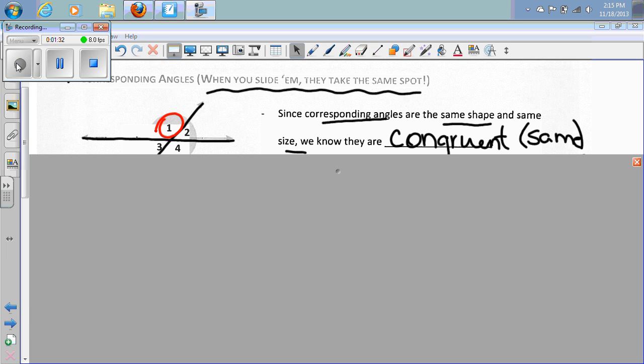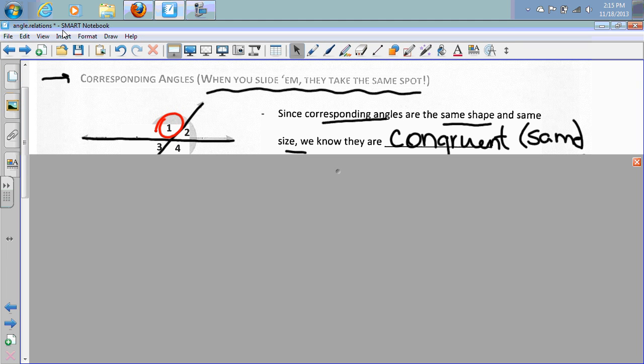Angle 1 is positioned in the upper left-hand corner. What do you notice about the position of angle 2? It's in the upper right-hand corner. How about 3? Lower left, and 4 is lower right.